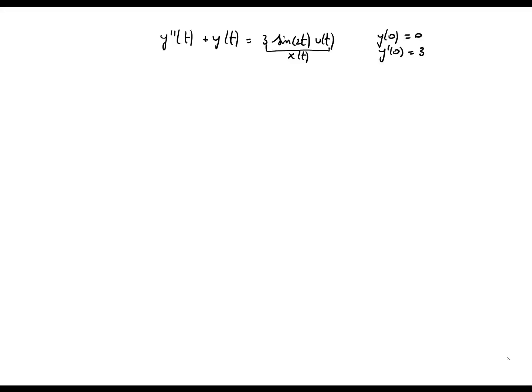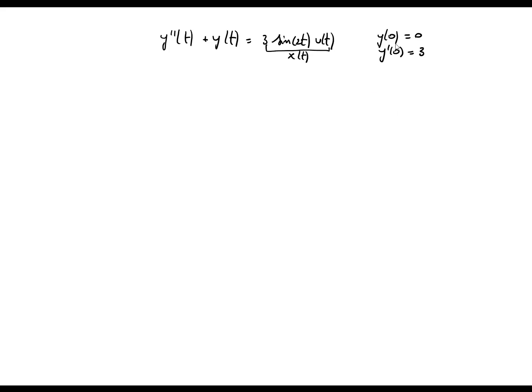So it's probably the good moment to do a first example or first exercise of finding the solution of a differential equation. Okay, so here we have a second order differential equation because the highest derivative is a second derivative, so the underlying system is a second order system, right?